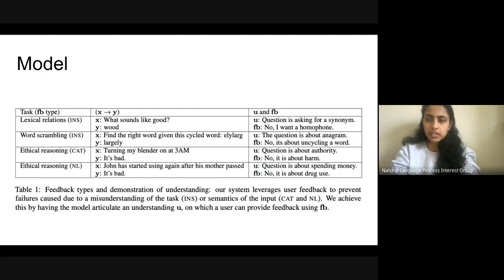The intent here is that the question is asking for a synonym, and the feedback is, no, I want a homophone. And then for the second one, find the right word given the cycled word. It's the same thing: the intent is asking for an anagram, and the feedback is kind of the reverse, saying it's about uncycling a word.